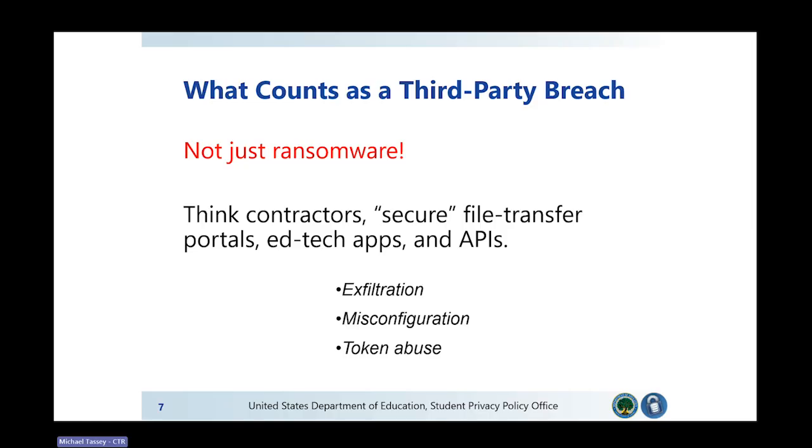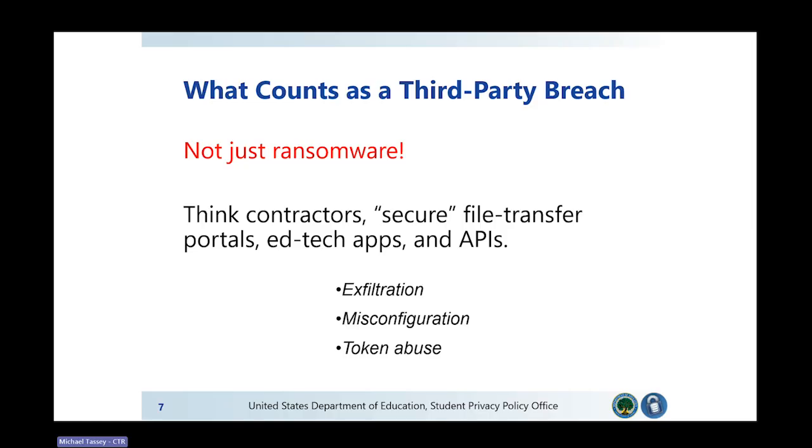Think about exfiltration. Think about incidents where through a technical glitch, some bad actor is able to get access to your network, and the data might be flowing out of your network, or combinations where ransomware ends up being an extortion attempt and ending up with your data on the dark web.